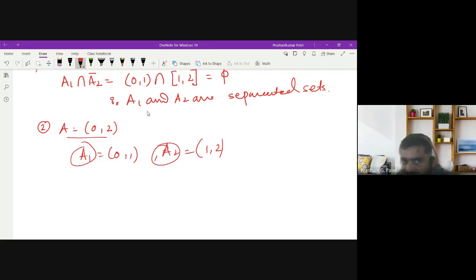So for that, we have to look at some other properties of this separation. Ultimately, when we say that a set has no separation, that is the definition of a connected set. So what is the definition of a connected set?